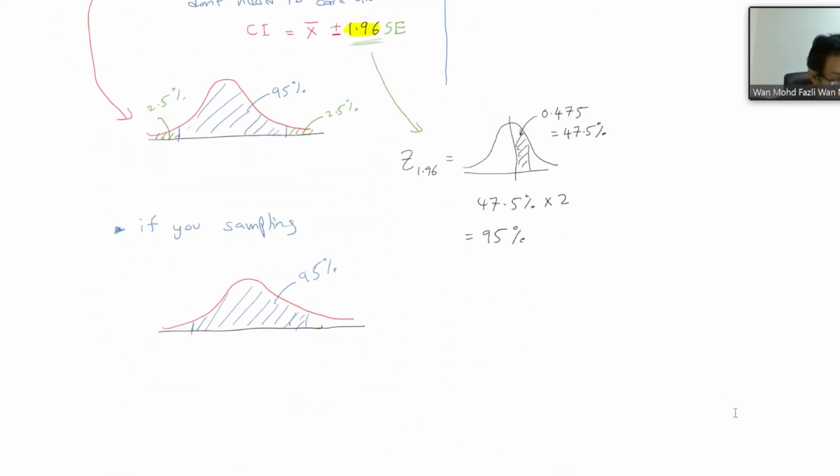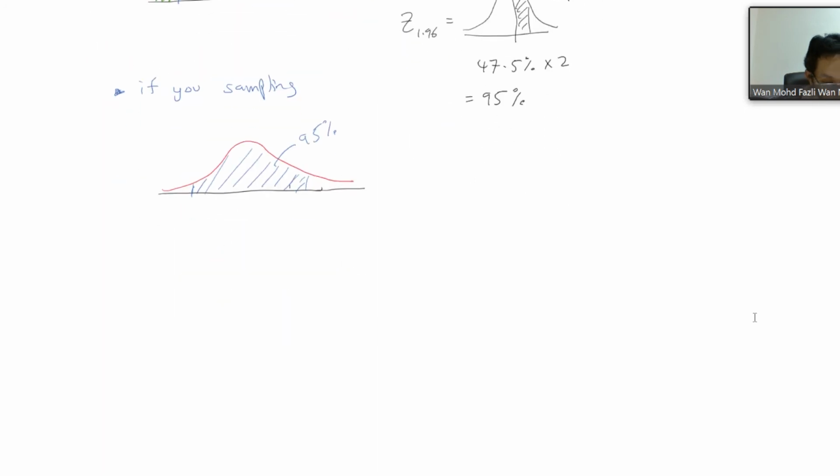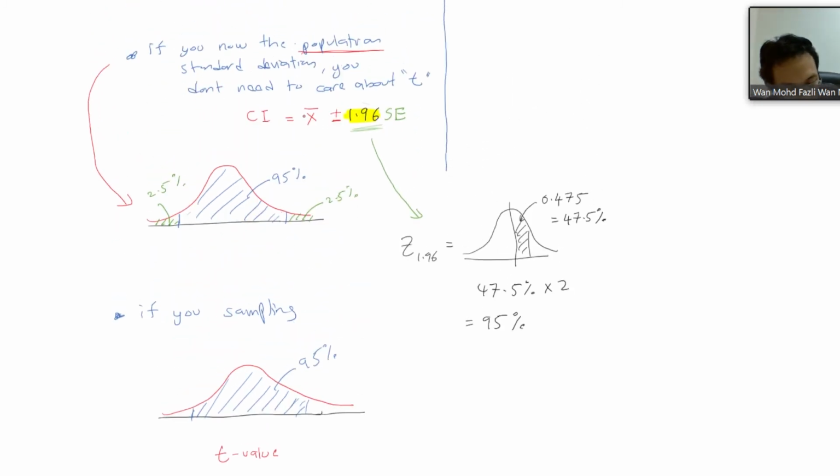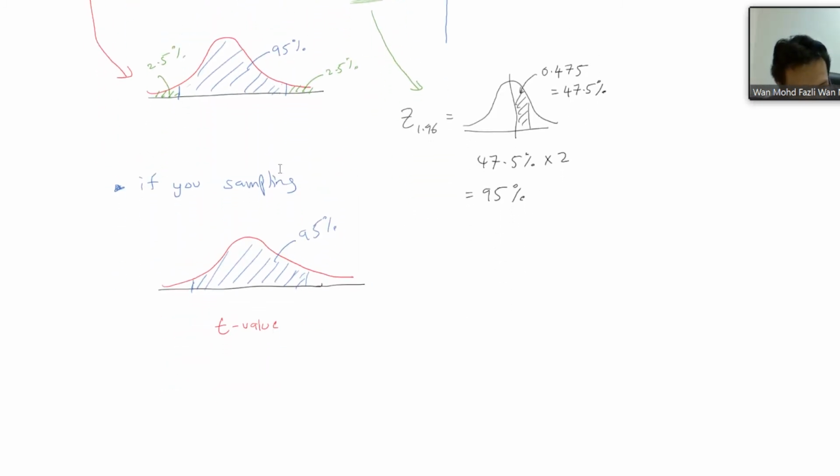That's why you use the T value. So instead of this, you now use CI equal to X bar plus minus T times the standard error.